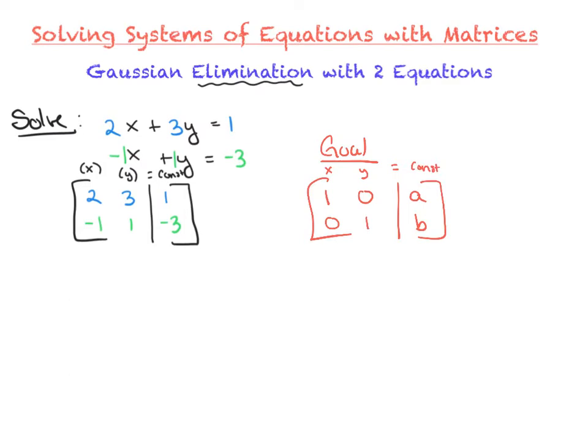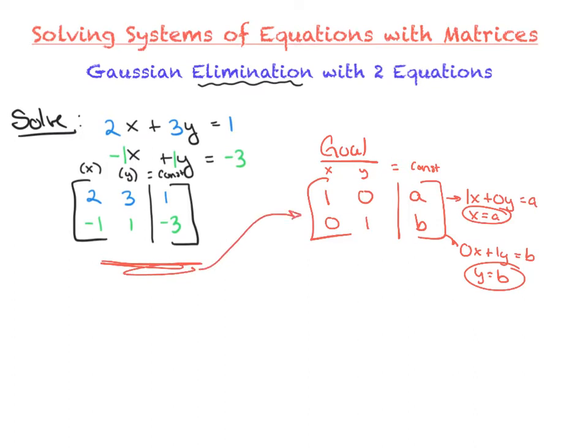So this first row corresponds to 1x plus 0y equals A, which if I simplify it, means x equals A. The second row corresponds to 0x plus 1y equals B, or in other words, y equals B. So if we can get this matrix to look like this matrix, we have x equals A, y equals B, really clearly visible in the last column on the right-hand side.